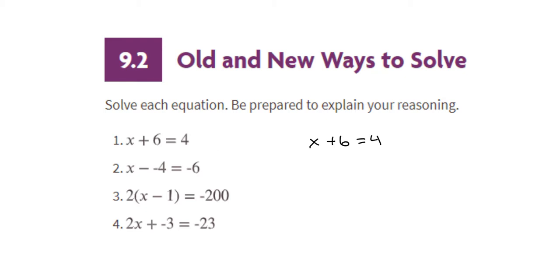Or if we were thinking about it as a hanger diagram, we have an x and then 6 ones on this side. So if we want to get the x by itself, we would subtract 6 from both sides because we want to keep that hanger balanced. And in this case, we want to keep the equation balanced. So it would be x is equal to negative 2.